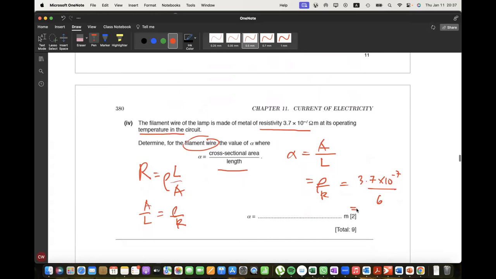So what is the value at the end of the day? Resistivity is low. So how much is the value? You get 2 SF answer, 6.2 times 10 to the minus 8 meter. Okay or not? Area over length. Area is meter squared, length is m, so the unit is meter. Yes, that's all.